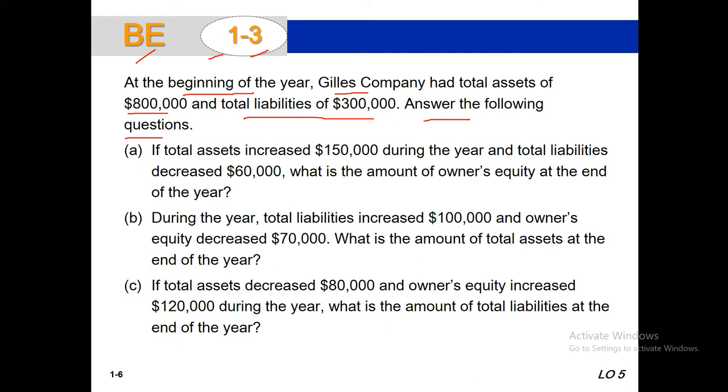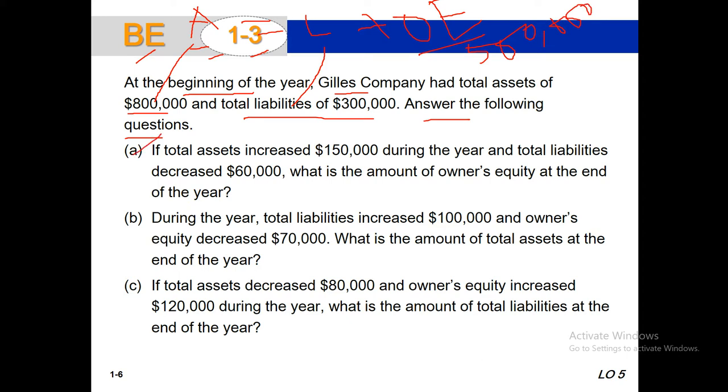So we can write down the basic accounting equation: assets equal liabilities plus owner's equity. According to the question, total assets are 8 lakh and total liabilities are 3 lakh. Thus, owner's equity will be the balancing figure, that means 5 lakh. Now, requirement A.